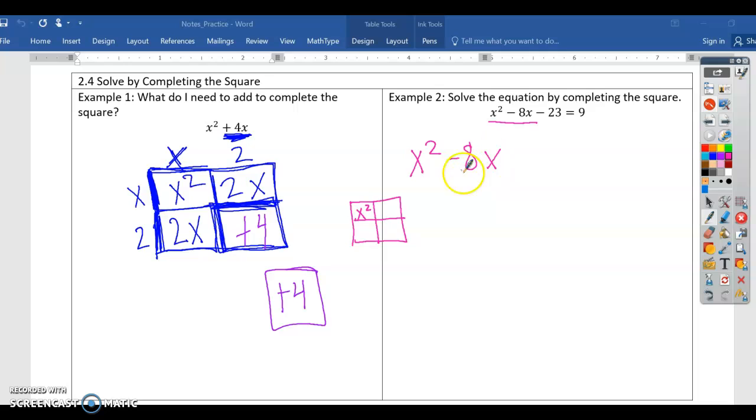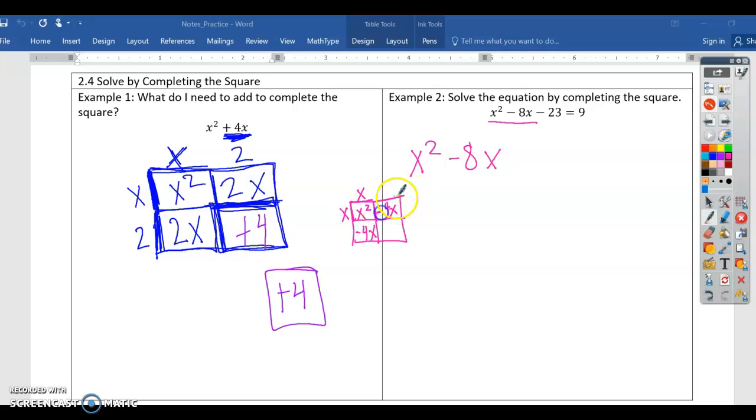How am I going to divide these 8x up evenly into two boxes? Well, I could say negative 4x and negative 4x, because when I add them back together, that is negative 8x. So I know that this length and width is x and x.